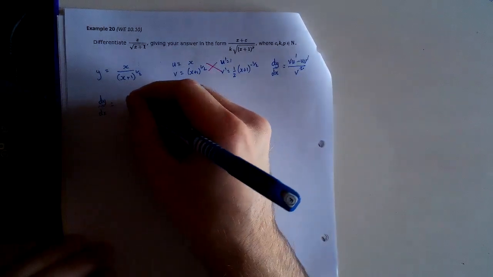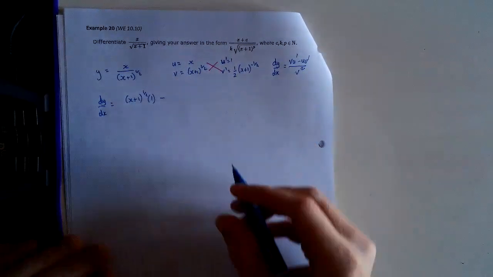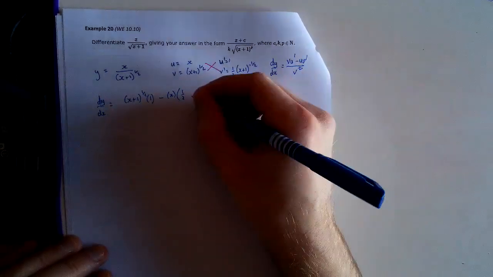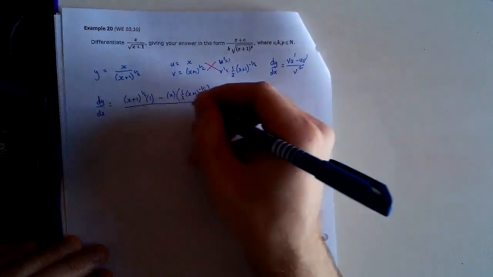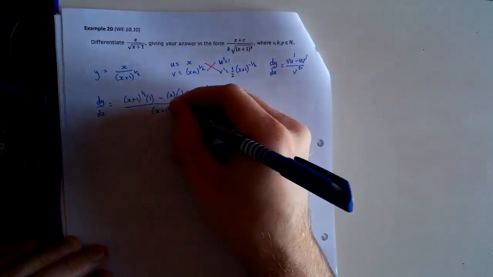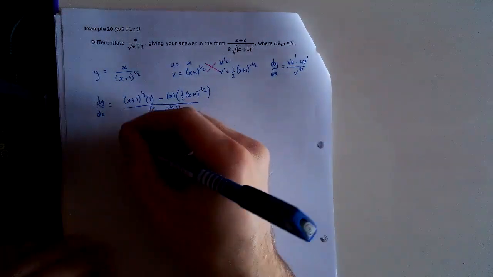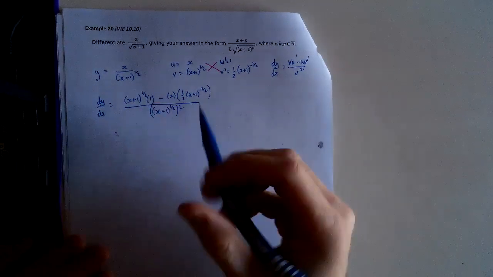So dy by dx is x plus 1 to the half times 1, take away x times a half, x plus 1 to the minus a half, all over x plus 1 to the half squared. Again, before I start factorising and simplifying, I'm just going to simplify each individual term.